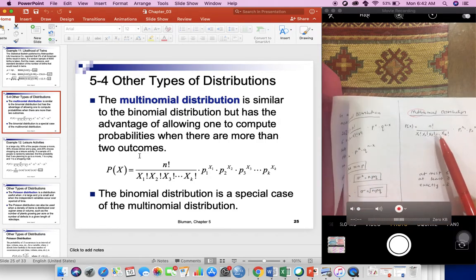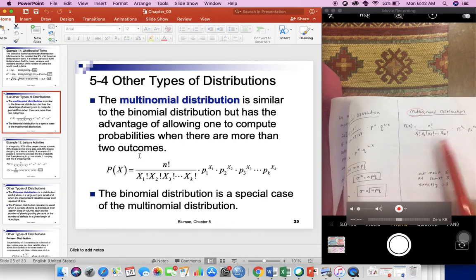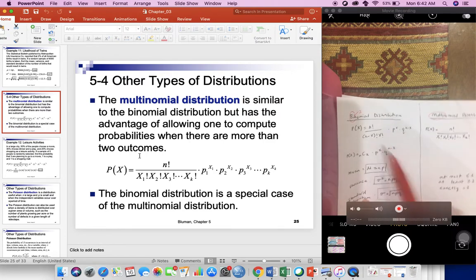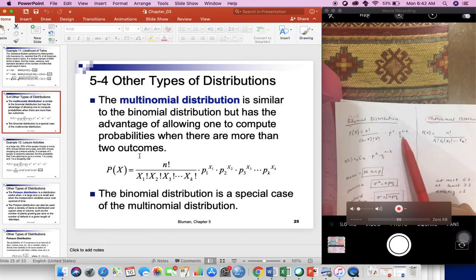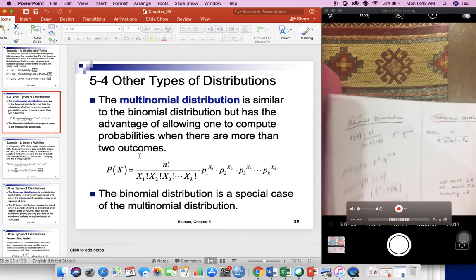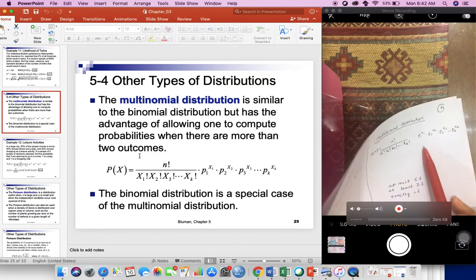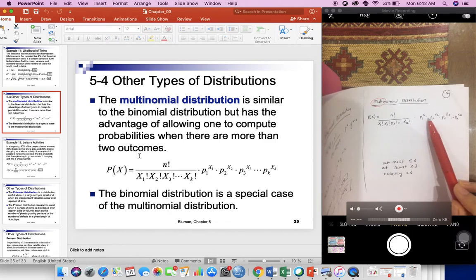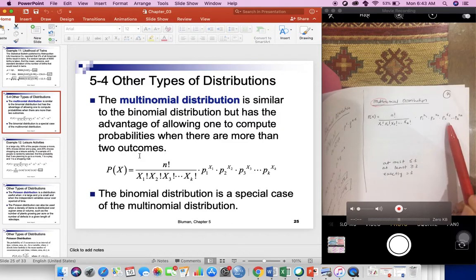For the multinomial, we have n factorial divided by x1 factorial, x2 factorial, until xk factorial, times p1 to the power of x1 times p2 to the power of x2 times p3 to the power of x3 until pk to the power of xk.